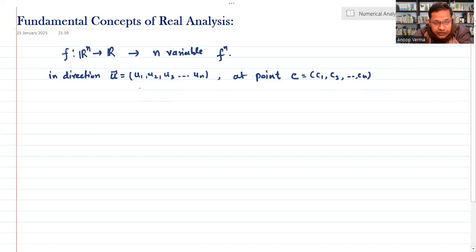So how do we define the directional derivative?